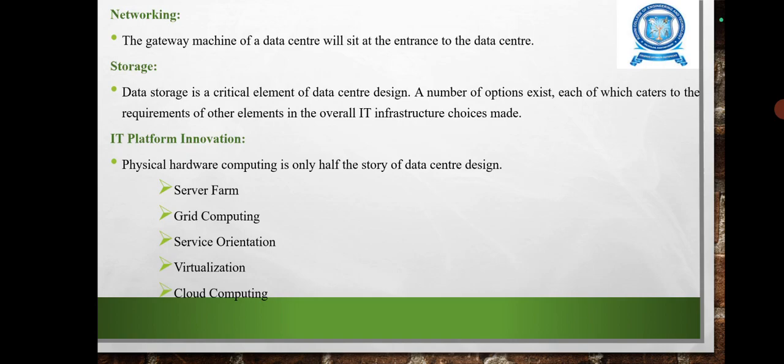Next one is virtualization. It enables a single hardware machine running a single OS to host multiple virtual machines. This also leads to a single host machine running multiple virtual machines. Cloud computing. It makes a separation of concerns between service, platform and infrastructure.